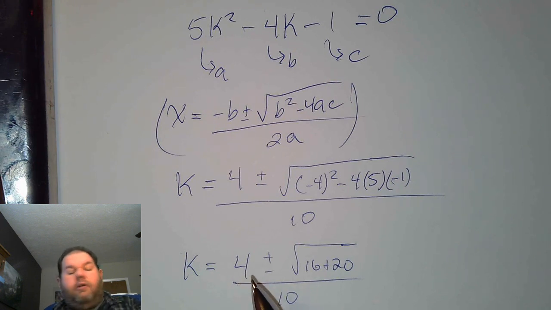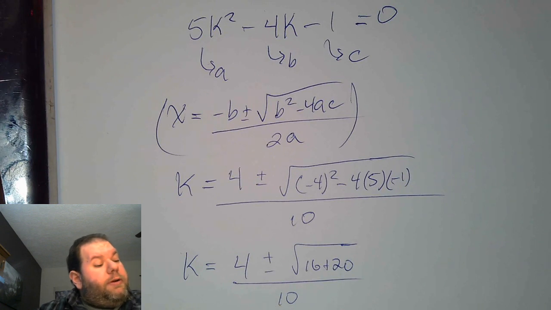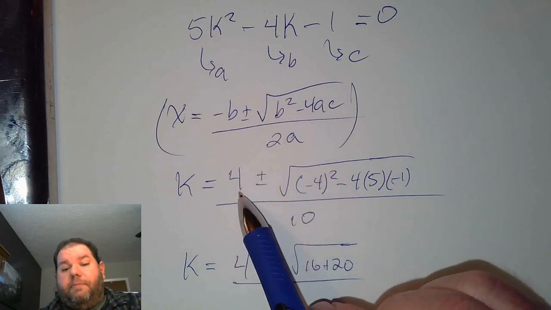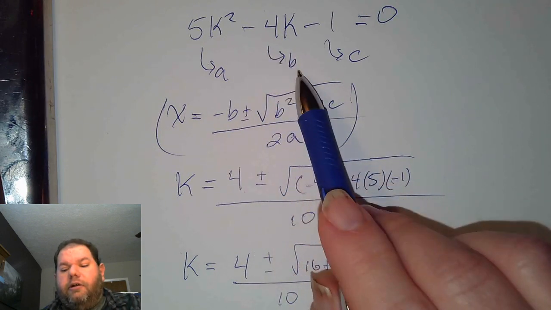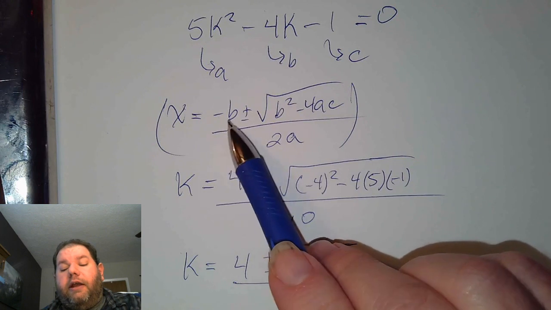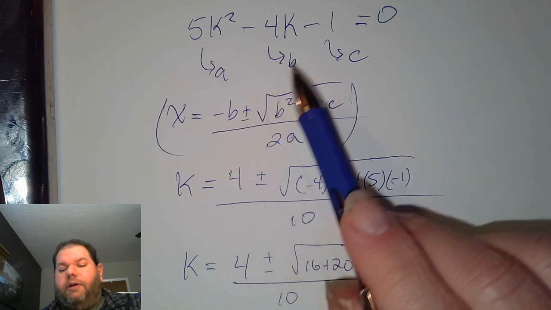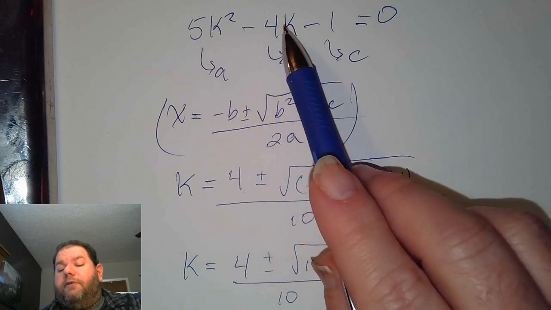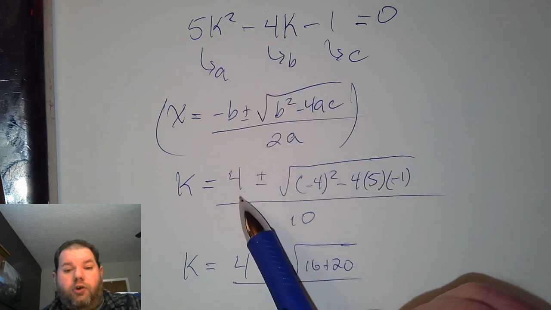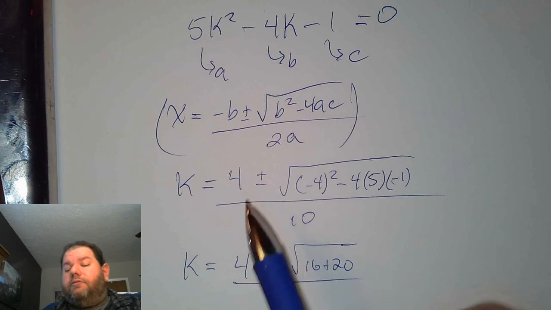Let me make sure I wrote the problem down correctly. Yes. The reason that this will be a positive 4 is because b is negative 4 here. But then we want the negative b, or the opposite of b, to be plugged in. So the opposite of negative 4 would turn that into a positive 4.